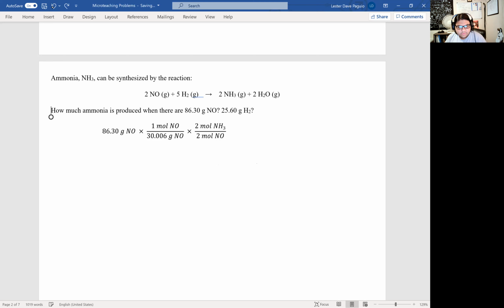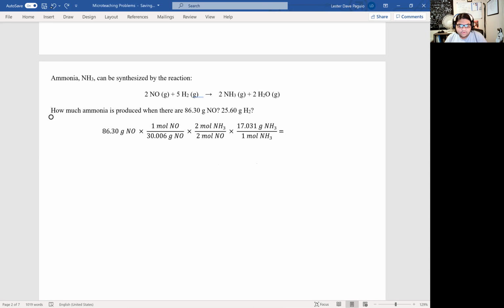And so we would need to convert moles of nitrogen monoxide to moles of ammonia by looking at the balanced chemical reaction. We can see here that for each 2 moles of ammonia, there are 2 moles of nitrogen monoxide. So right now we have the amount of moles of ammonia.